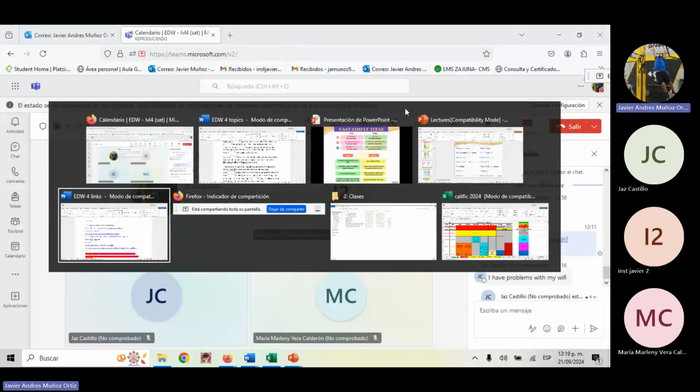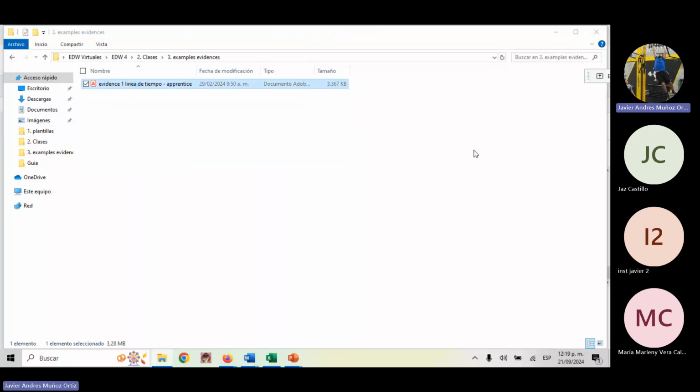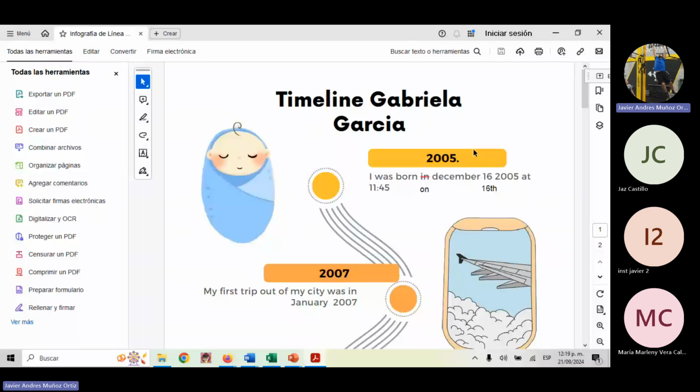Last but not least, I remind you to complete the activity that we already mentioned in the learning guide. It is a timeline, and this is an example of timeline. What is important here is for you to create sentences in simple past tense.